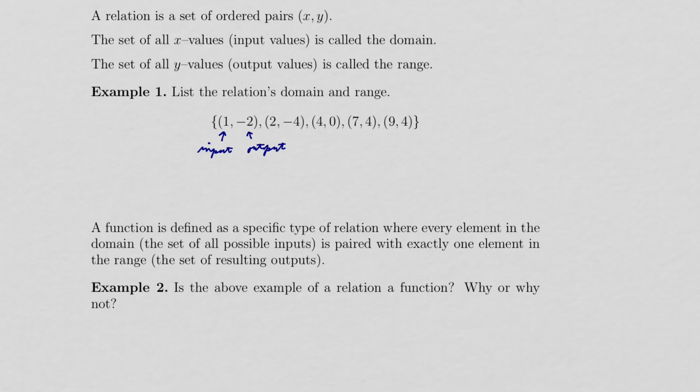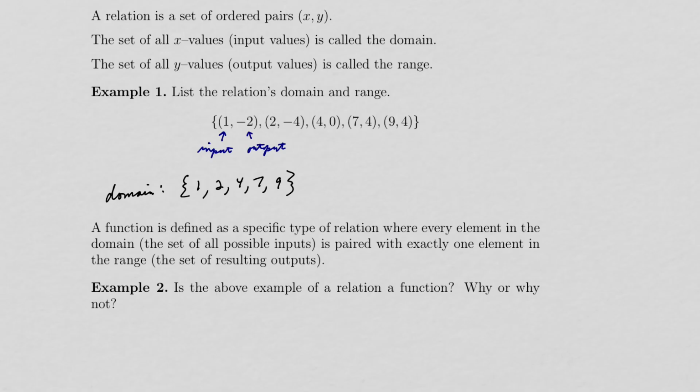For the domain, we're simply going to list, in a set, all of the input values, so all of the x values. So basically, we have 1, 2, 4, 7, and 9.